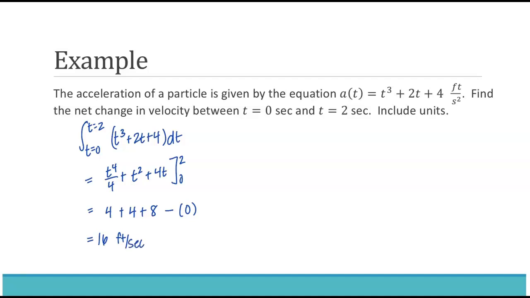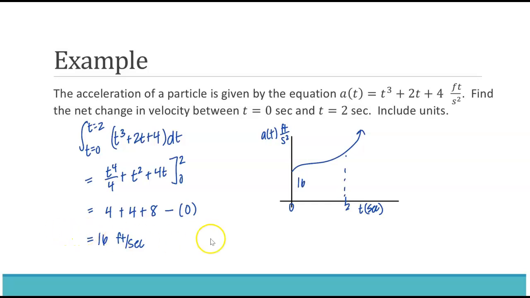Now, if we bring in that graphical interpretation, even though we don't have the exact graph, the graph might look something like this. We are integrating from 0 to 2, and on the horizontal axis, we have units in seconds that represent t. And then on the vertical axis, our acceleration is in feet per second squared. So here, that area we found was 16.